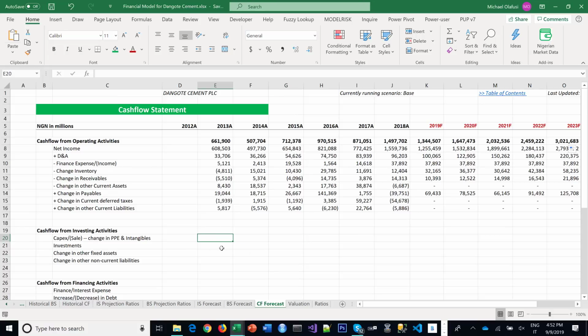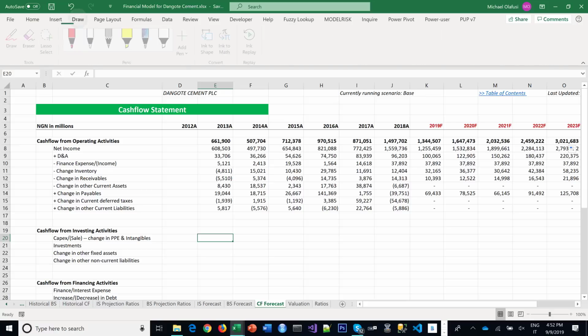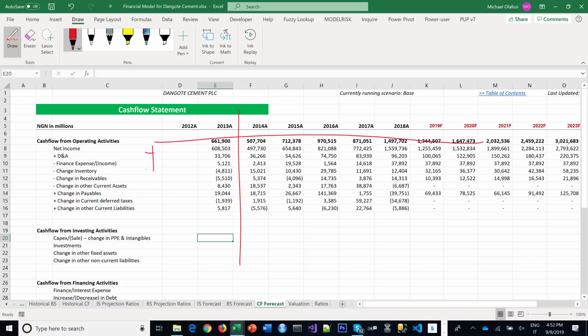And I do it for the capex. So for the capex, you will have to remember that capex, plant, property and equipment, they are depreciated. So what I mean is this: if in my books I have fixed assets, PP&E, in 2018, 2019, I have 200 million naira plant, property and equipment, right?